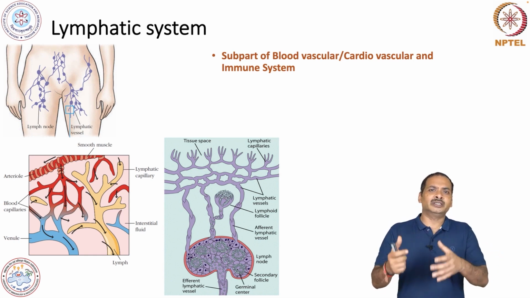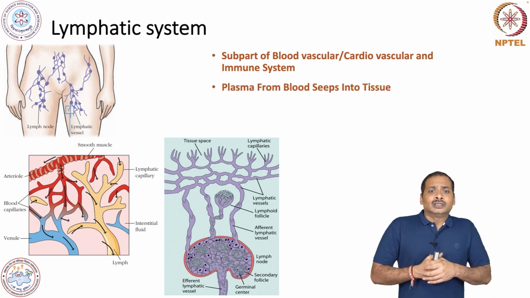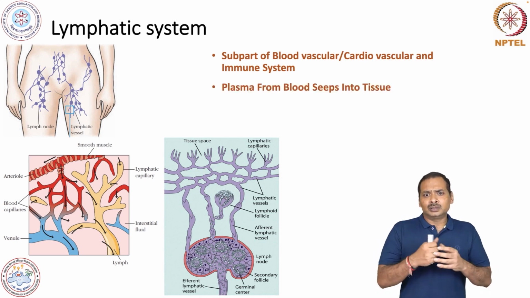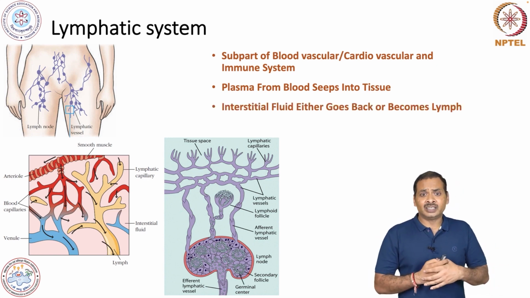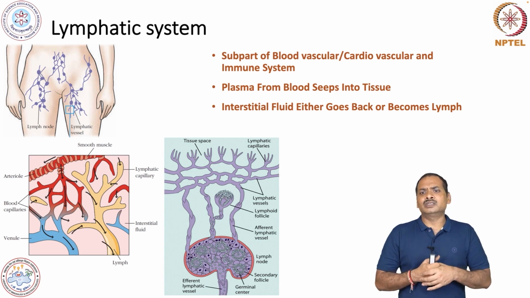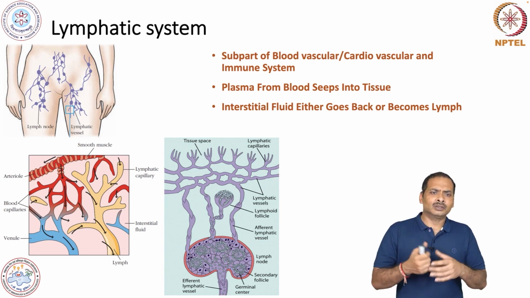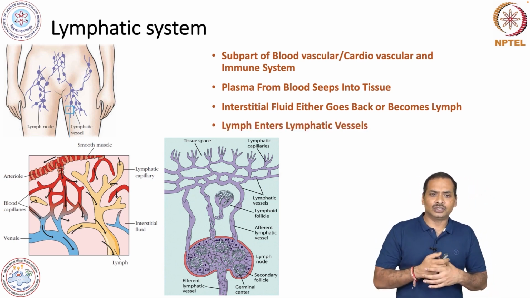Plasma from blood seeps into the tissue, which I already explained, and this interstitial fluid becomes lymph. This can go back to the blood vascular system. I will show you in a short while.